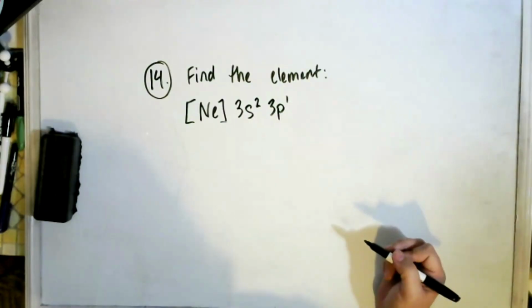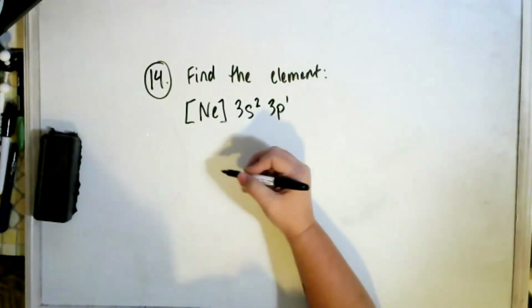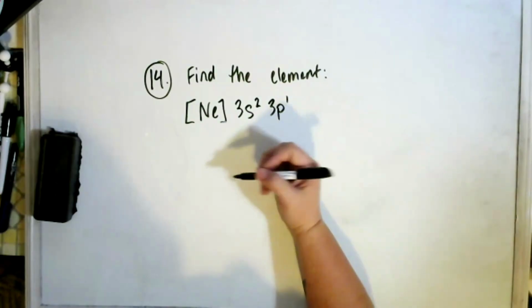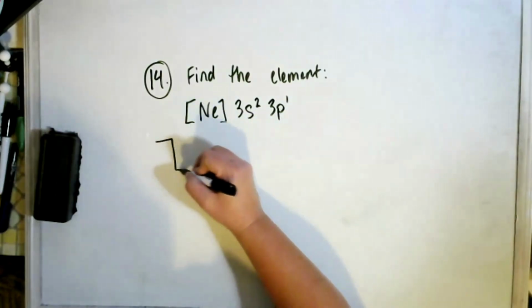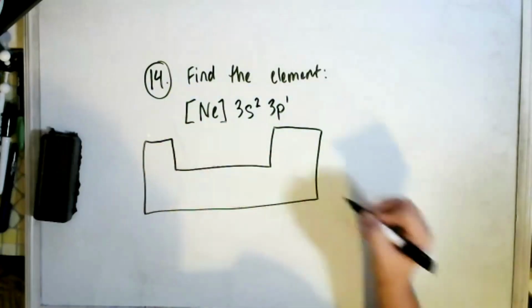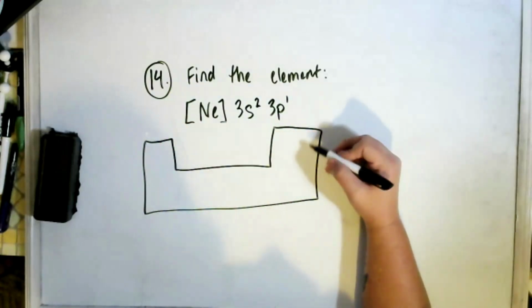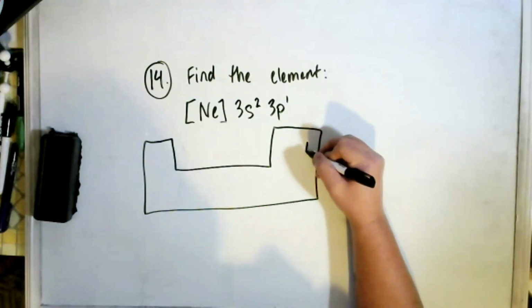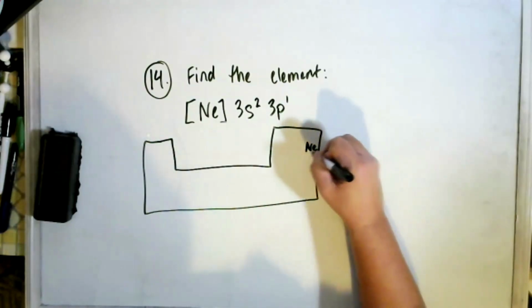So on your periodic table, when you're looking at something like this, you're going to find neon. Again, we'll just use this terrible version of the periodic table. So neon's going to be over here.